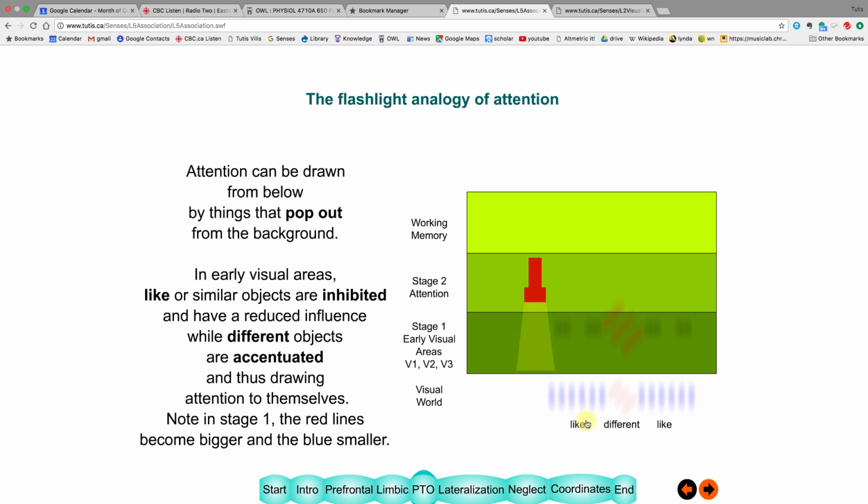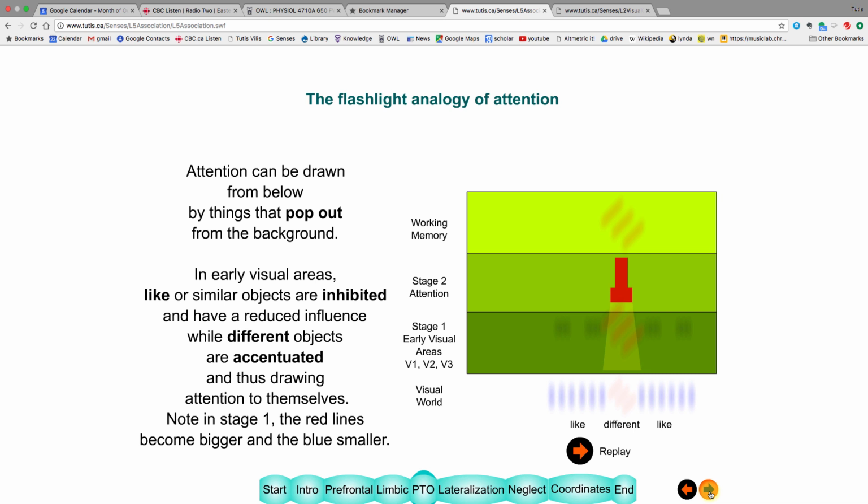Now, sometimes an object will stand out from its background. You remember how a horizontal line stands out from a bunch of vertical lines? Well, you can see if that thing stands out, that then draws your attention to it, and then it's processed and enters your working memory.